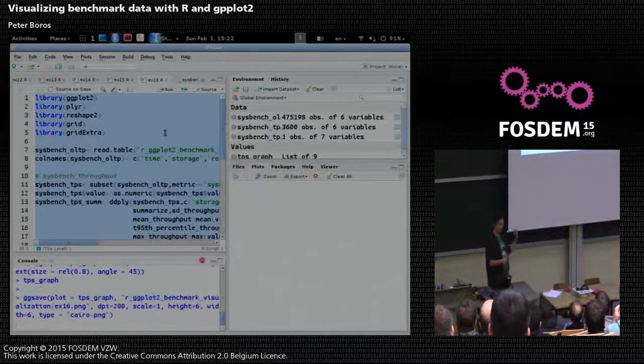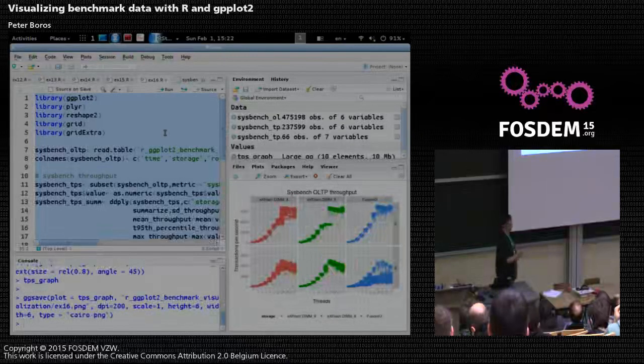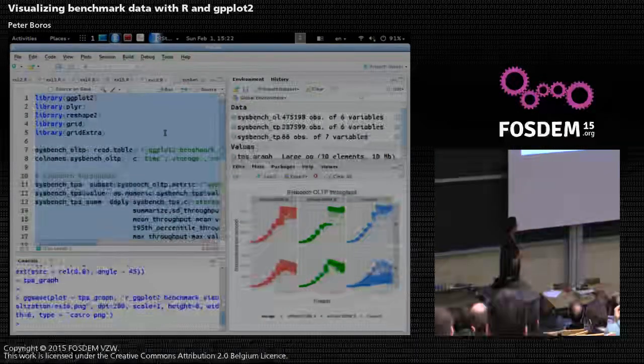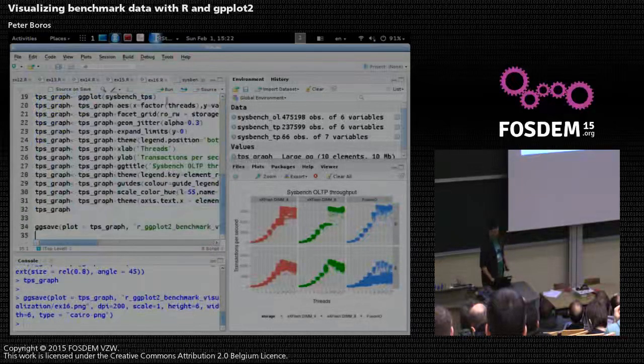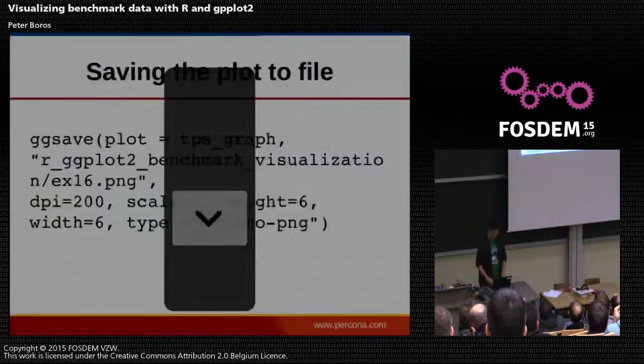For each row in the data frame, it has to plot a dot. So it takes some time. And there it is. During the period while you are working with this, you see an output here, and you can save this with the ggsave function at the end of it, if you like the graph.